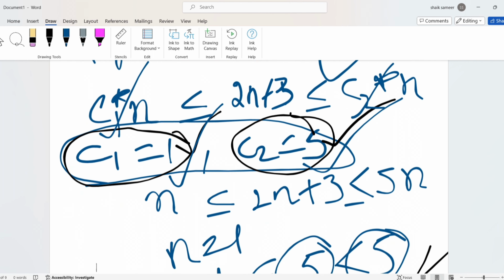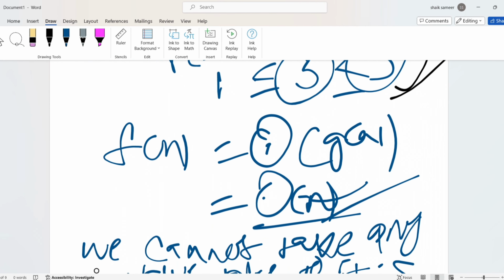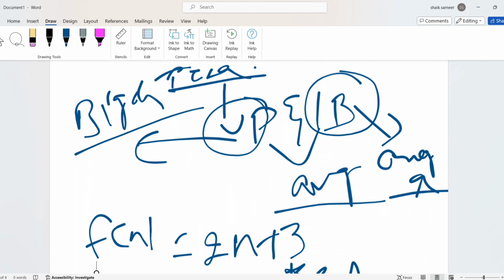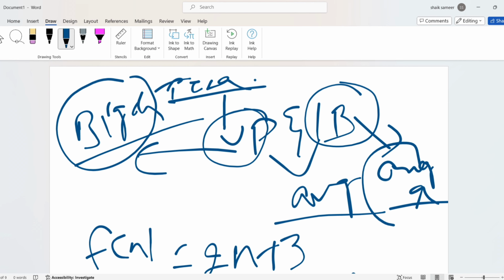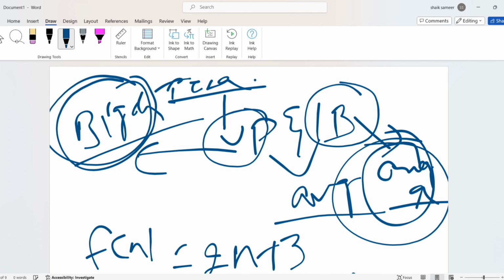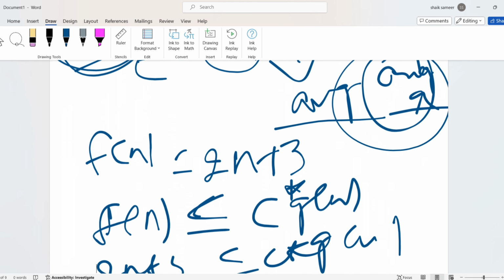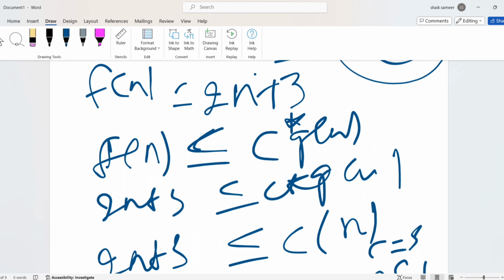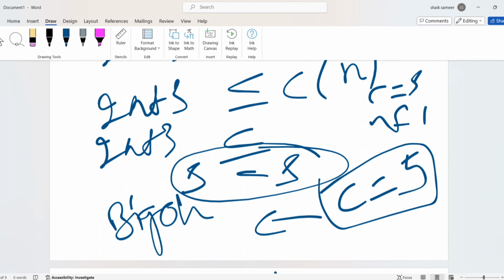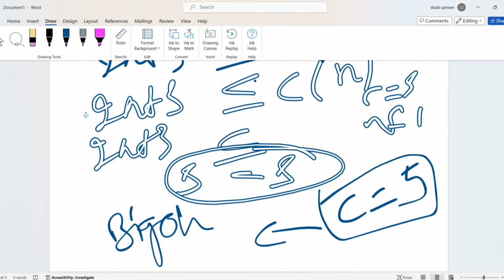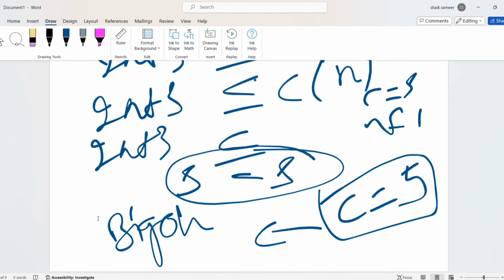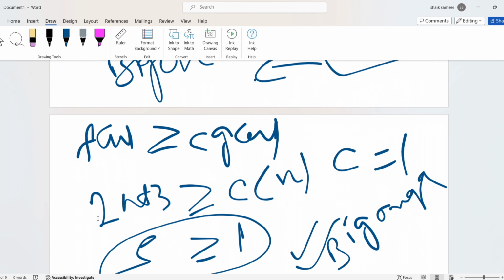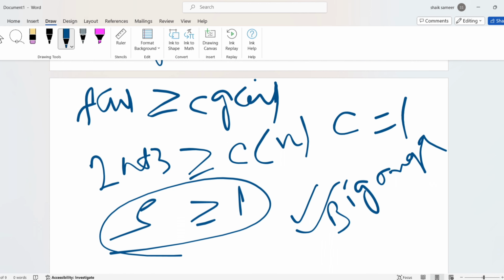I solved c1 and c2 like this. To clarify, I have solved the problem in big omega notation and big O notation. I solved it in two ways. In big O notation I have taken c equal to 5, whereas in big omega notation I have taken c equal to 1.